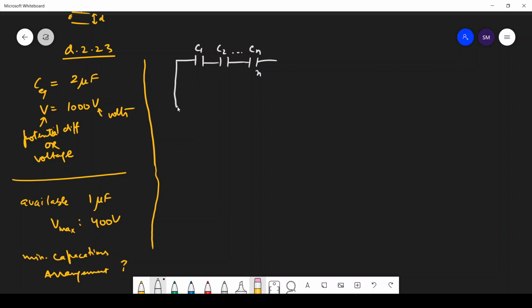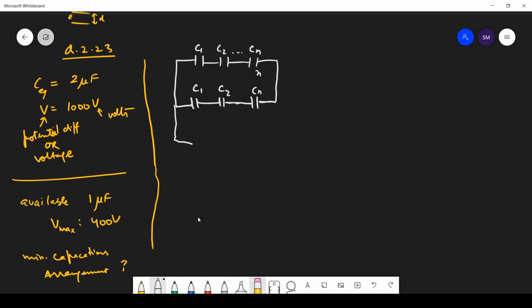The same capacitors will be connected in these series. See, they are all the same, so the capacitance is the same.